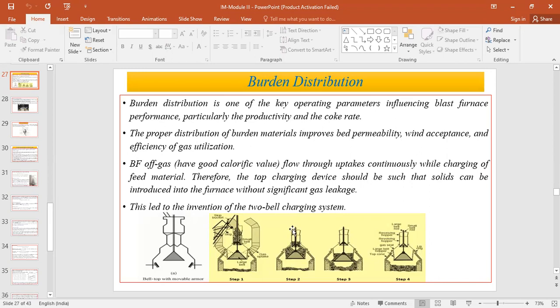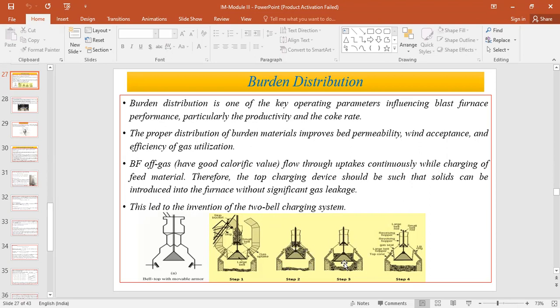When the small bell hopper is filled, then certainly the small bell will be lowered down so that the raw material collected in the small bell hopper will fall down into the big bell hopper. When it is falling into the big bell hopper, the big bell will be in the closed condition. So in this step 2, you can see that the small bell is in the open condition and the big bell is in the closed condition.